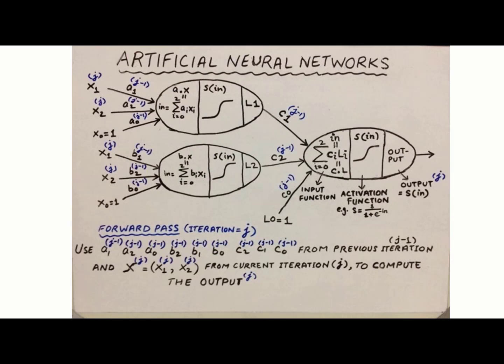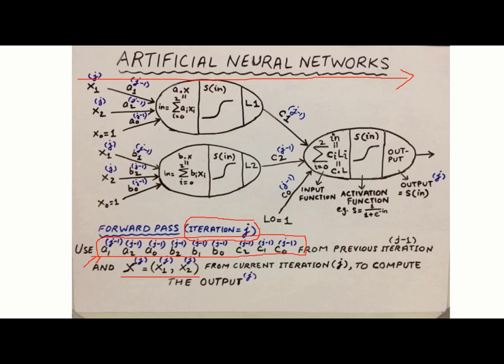Now remember that in the forward pass, we go left to right. So we are going to use the coefficient values computed in the previous iteration. So for instance, if we wish to compute the coefficients in the iteration J, then as we saw earlier, we're going to utilize the corresponding coefficients from the previous iteration.